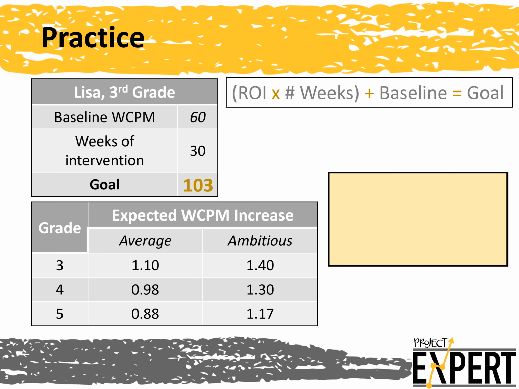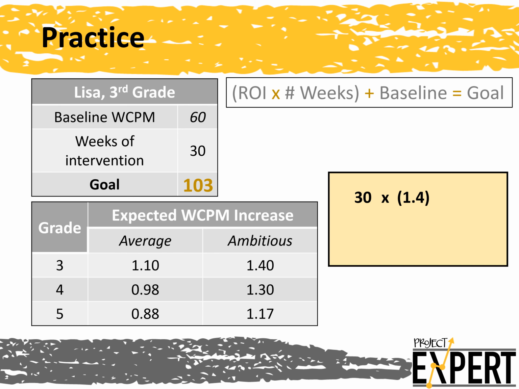Our goal is 103 words correct per minute for Lisa at the end of the year. How does that compare to your goal? Let's show how we got that goal. With 30 weeks left in the year, what's an appropriate ambitious goal for Lisa? Multiply the number of weeks, 30, by the rate of growth you're estimating. Ambitious growth for a third grader is 1.4 words correct per minute per week increase, so we chose that.